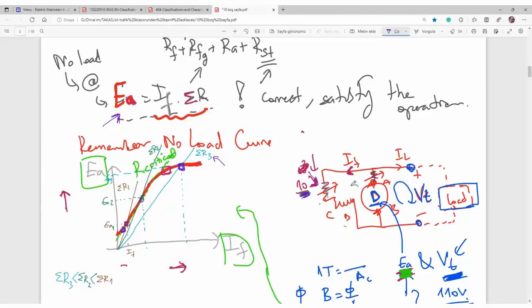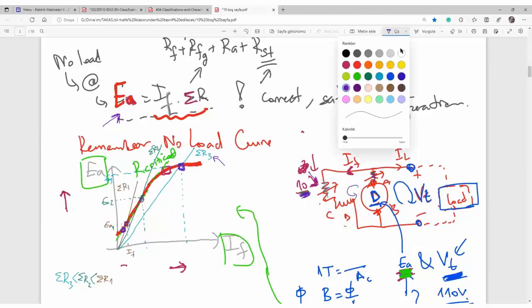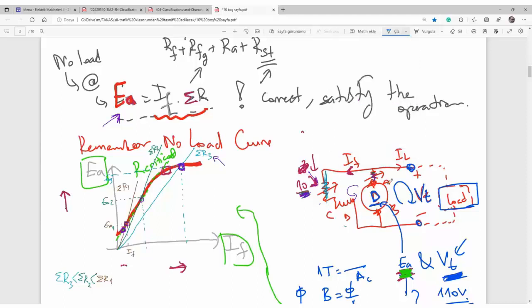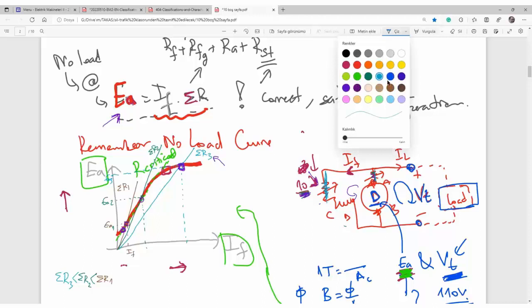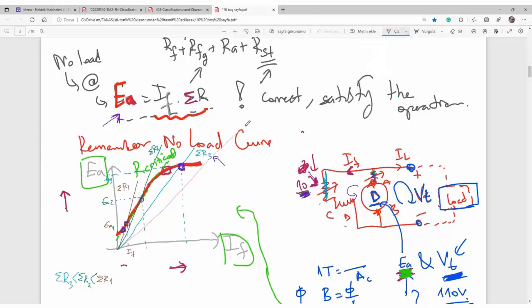Everything in this loop will affect it, but here you see, let's skip all those external resistances, for example, and then here would be such an R4, only having R shunt field plus R armature.